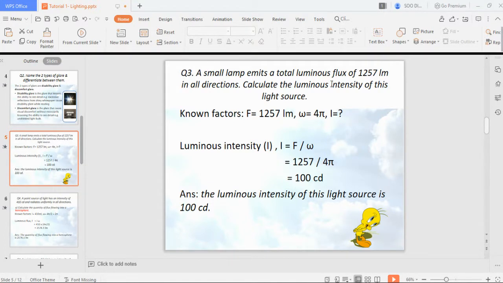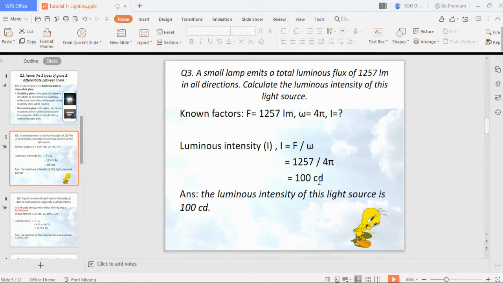Question 3, you are given a total luminous flux of 1257 lumen. So you have 1257 lumen in all direction is asking you to find the luminous intensity, which is I. So using this formula, you have to just substitute the factors that you know into it.